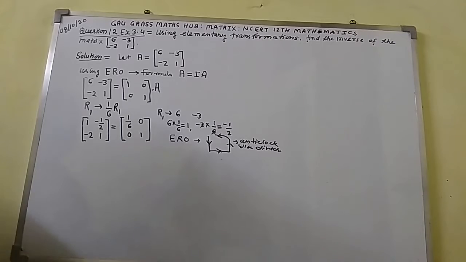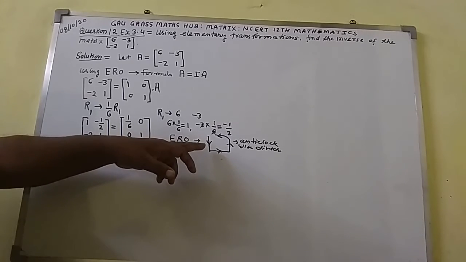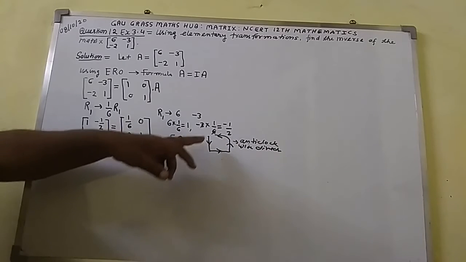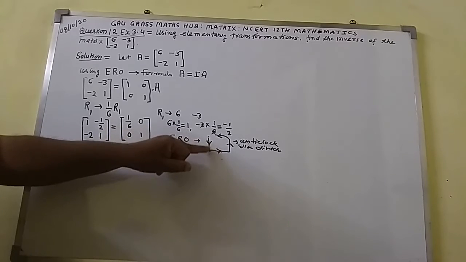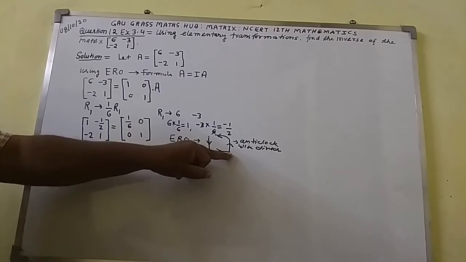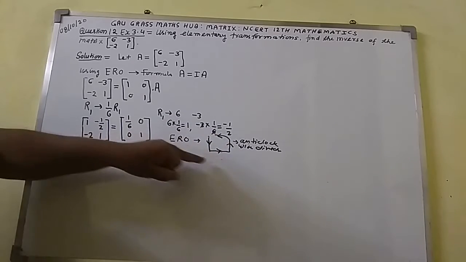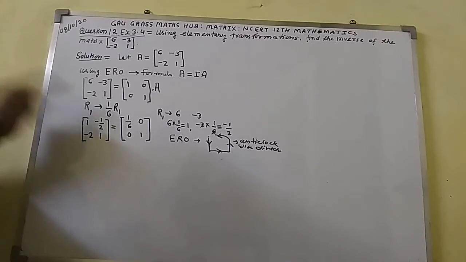For ERO, for elementary row operation, all operations will be carried out in anti-clockwise direction. So this is the anti-clockwise direction. Here you can say start from this place, go up to this place, go upward, go here. So this is the anti-clockwise direction. The anti-clockwise direction will be applied here.